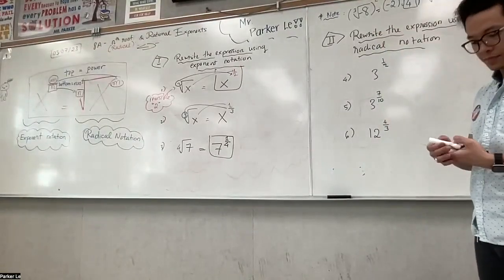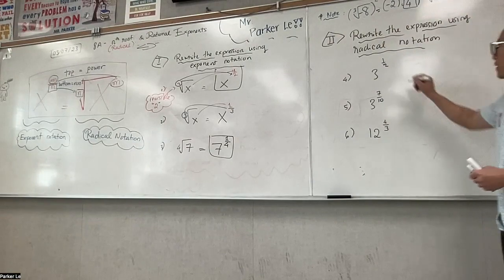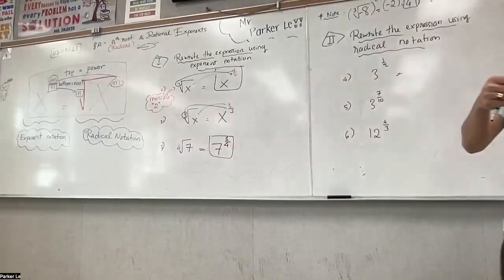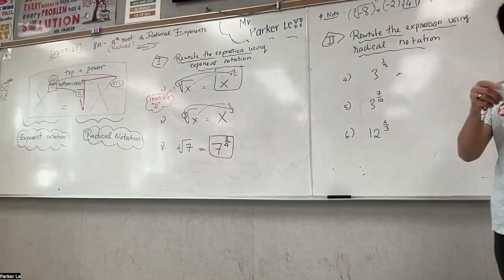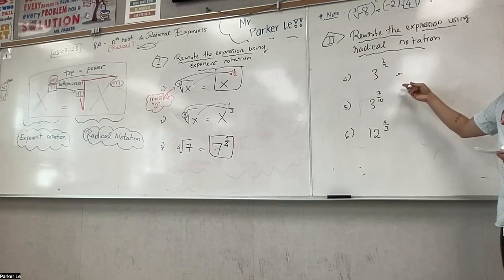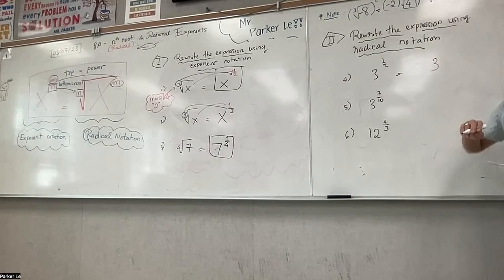Next person, Kelsey. So convert this back to the radical form. Okay. So first you write out 3, right? That's the number. What next?